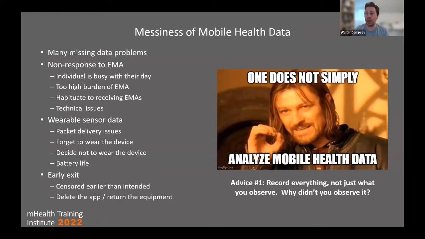For example, I wanted to send them an EMA and it just never got to them because of Wi-Fi issues. Did my system that I had pinging them just not work for some reason? Or if I know for a fact that the message was sent, did the person swipe it away? Maybe they're not responding for more important reasons like habituation or burden.